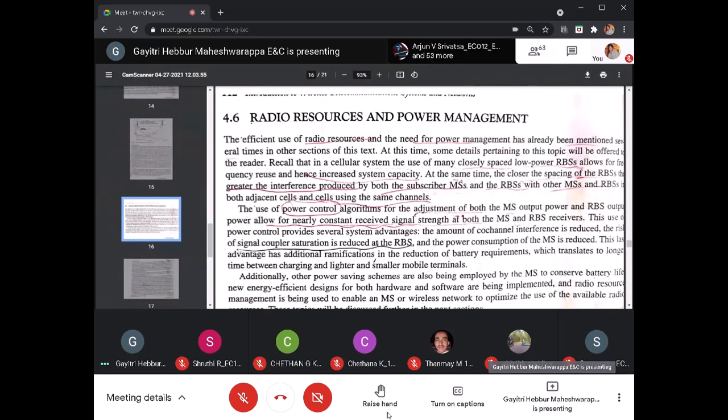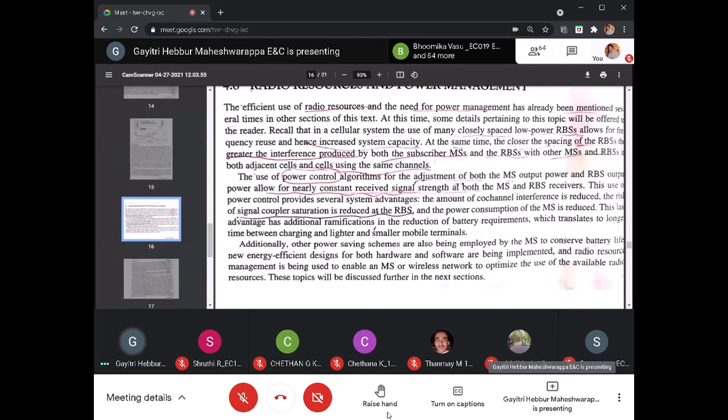Obviously, if the MS is near, it will save power; if it is far, it will transmit more power. Because battery power is required less, it can extend the battery life as well as allow smaller mobile terminals. So these are the advantages of radio resource management, or the algorithms used to maintain constant output power between the BTS and the MS.